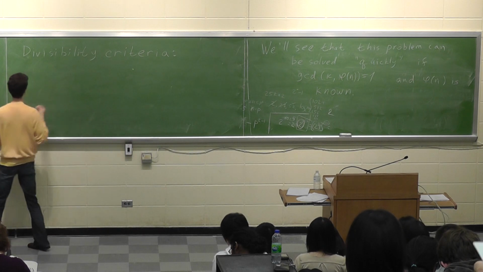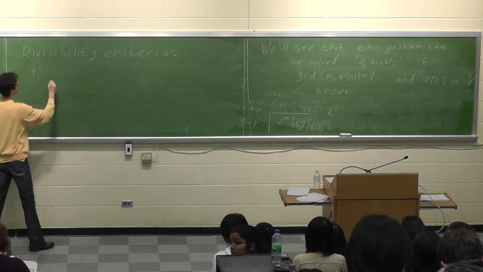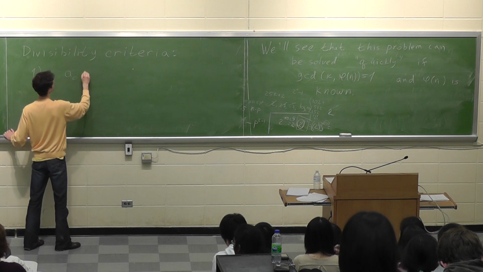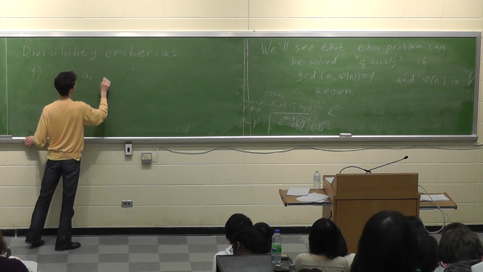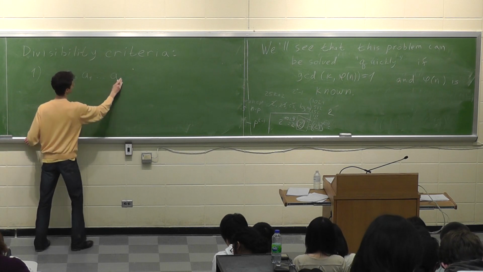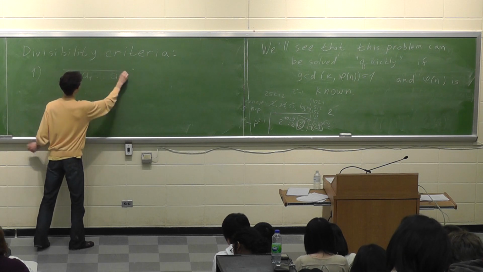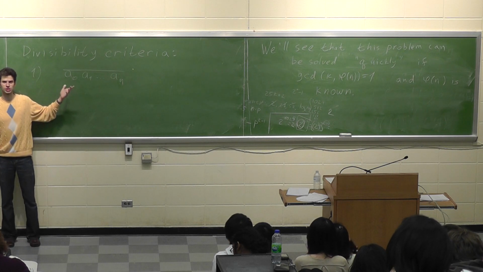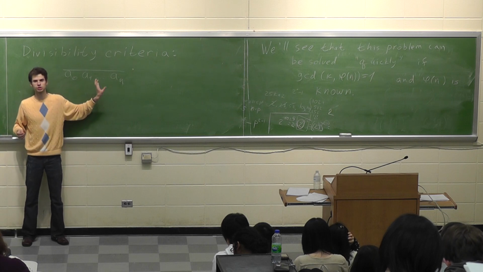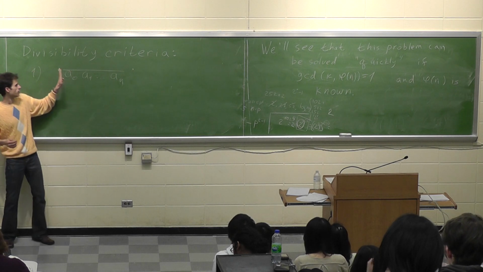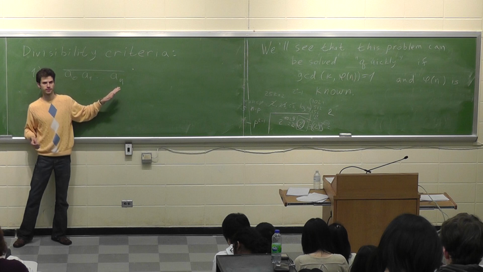Well, one criterion. If you have a number like this, a_n ... a_1 a_0, let me put a bar over it to indicate that it's not a product of these things, it is actually a number whose digits are a_n, ..., a_1, a_0.